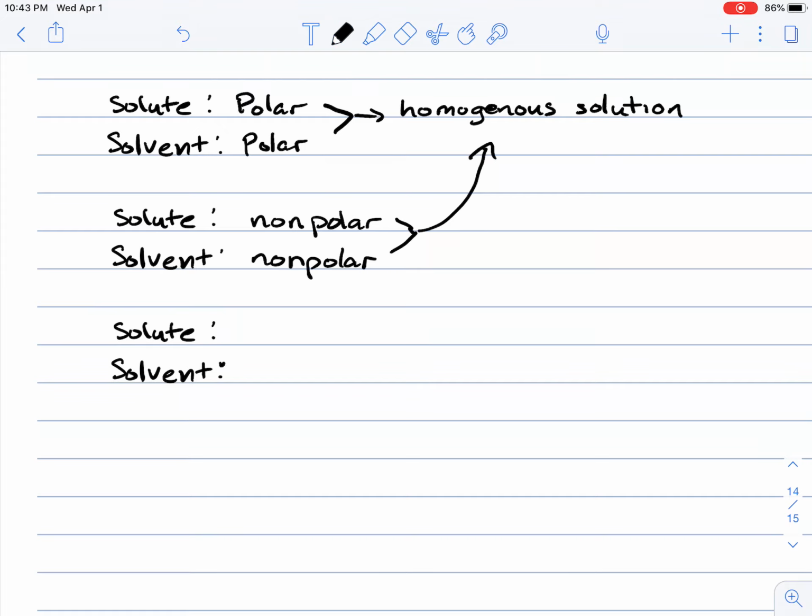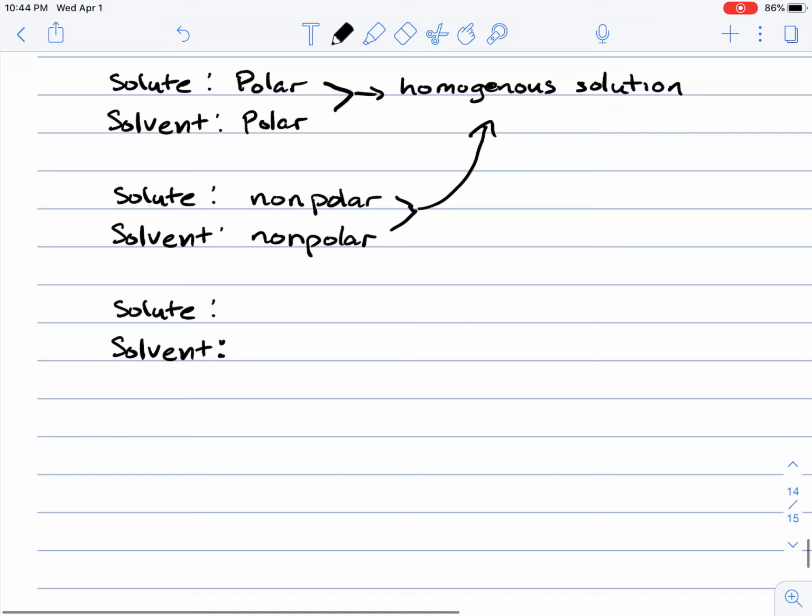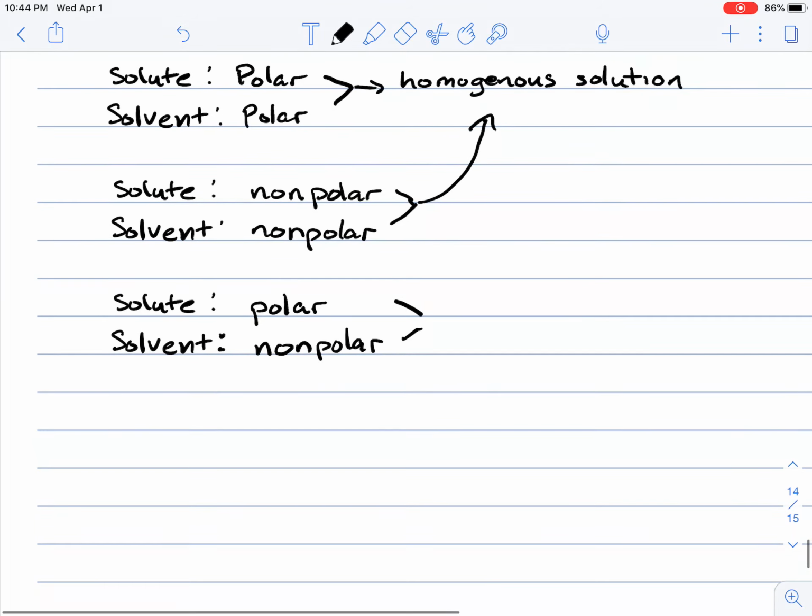Now, if your solute and solvent have opposite polarities, in other words, one is polar and the other one is nonpolar, or vice versa, since you have opposite polarities, it's most likely that you will form a heterogeneous solution.